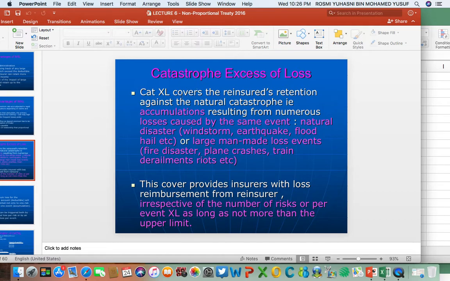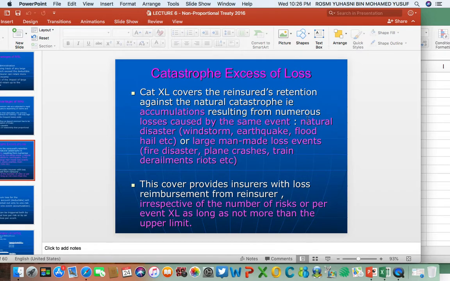Catastrophic excess of loss covers the insurer's net loss retention against what is called natural catastrophe, for example, accumulations of losses as a result of several losses caused by the same event. So, accumulation of losses arising from the same event.